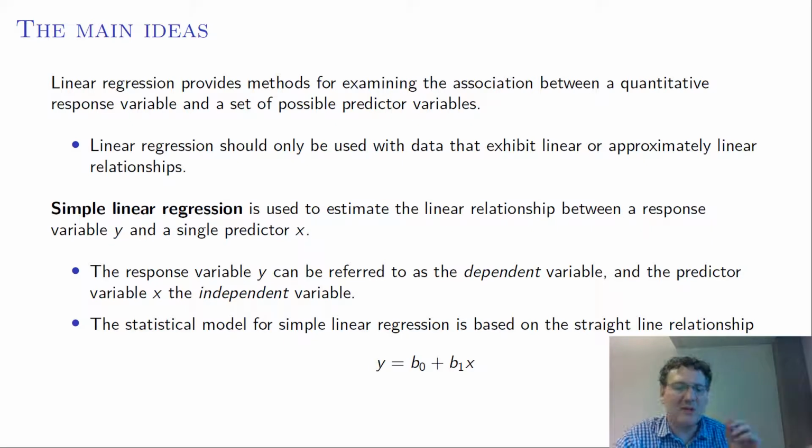We're going to use b0 to represent our estimate for the intercept, and then b1 as the estimate for the slope. So the equation is y equals b0 plus b1x.